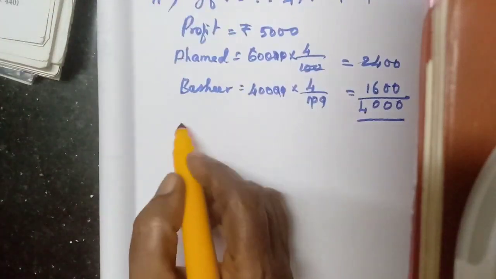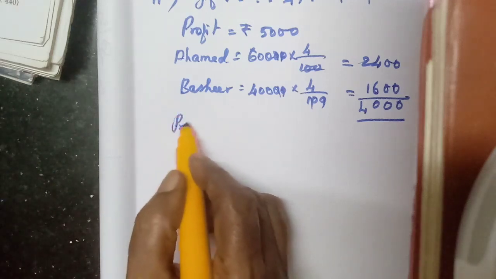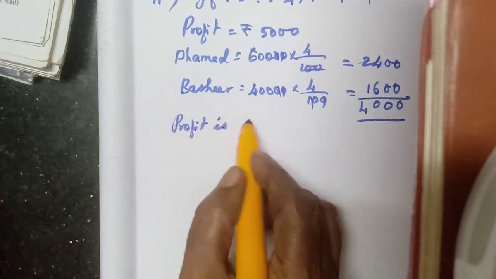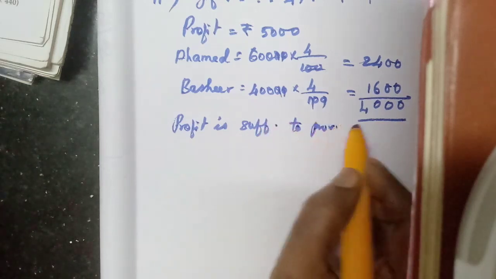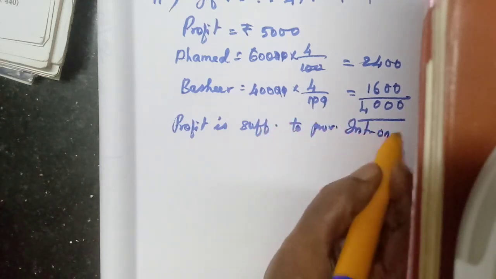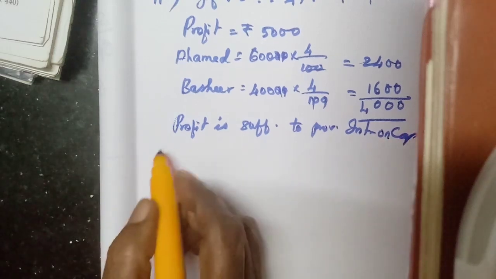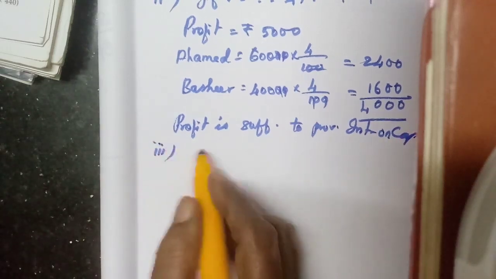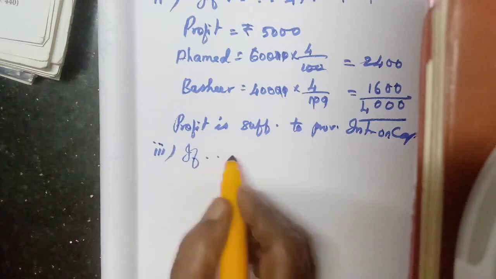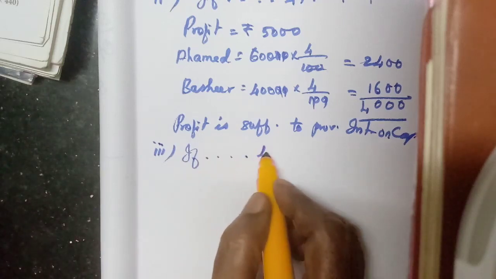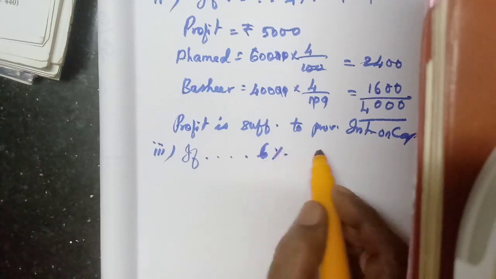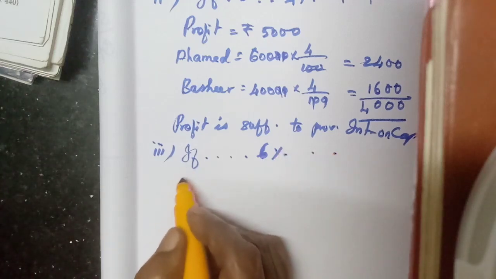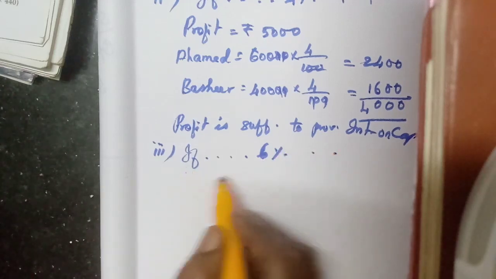Profit is sufficient to provide interest on capital. Then third one. If interest on capital is 6% per annum, then for profit how much? 5,000.